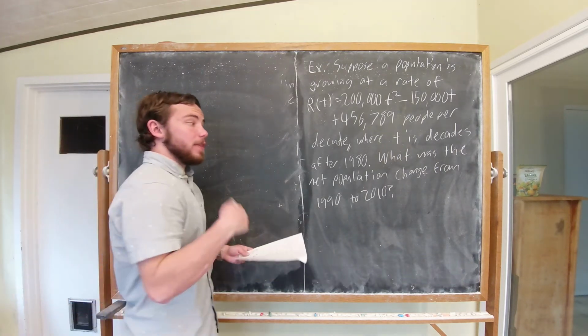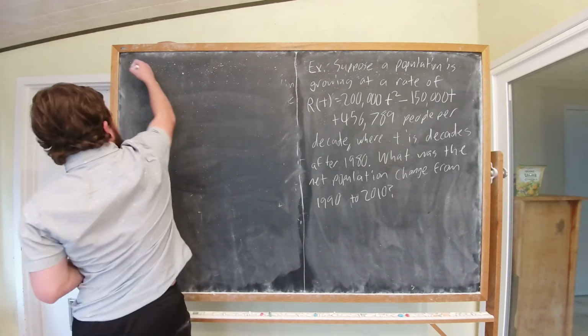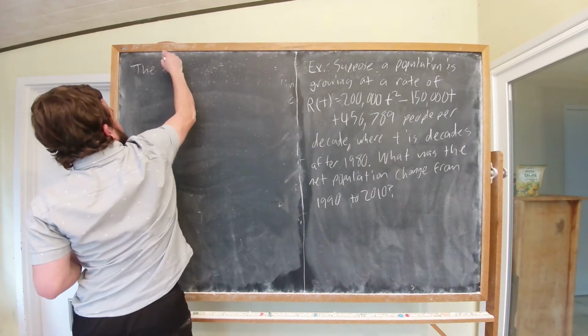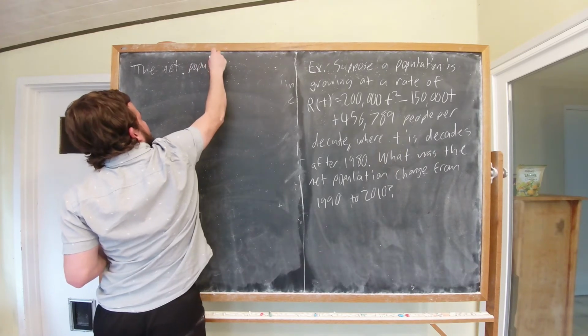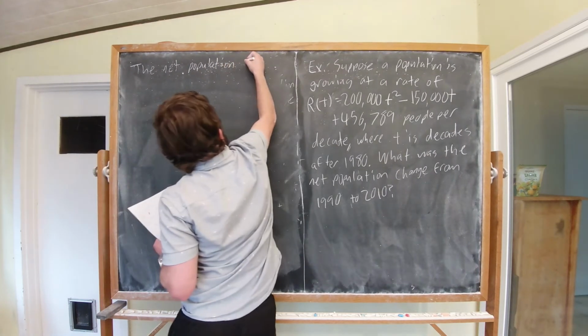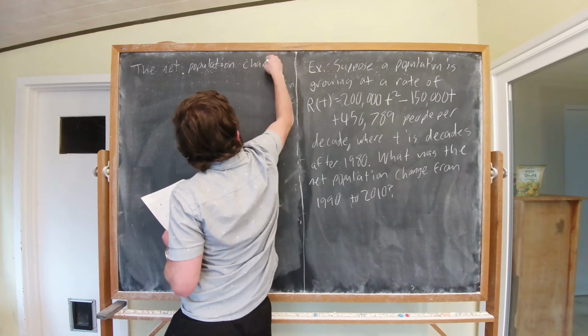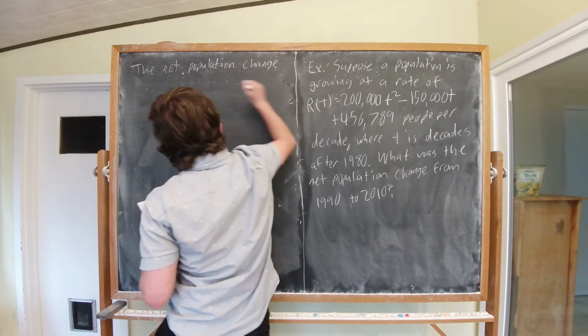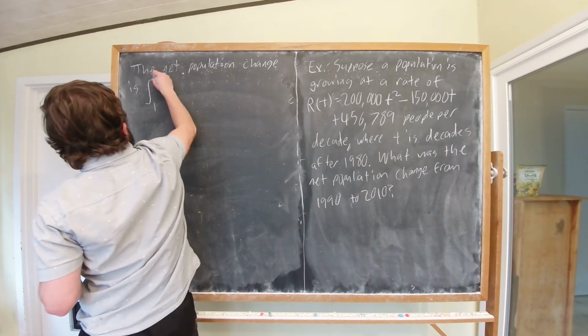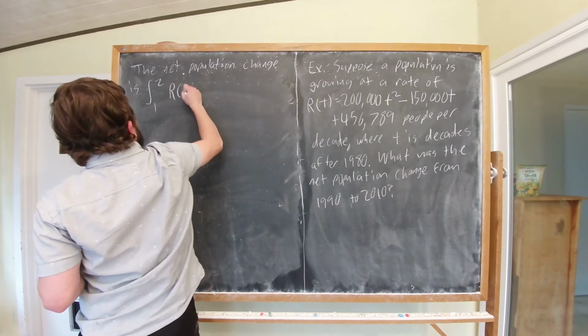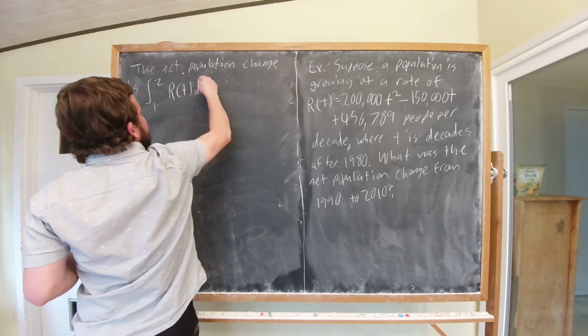Alright, so the net population change, the thing we want, is the integral from 1 to 2 of R of t dt.